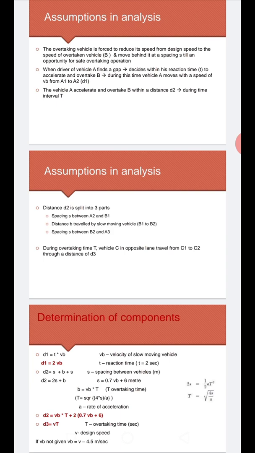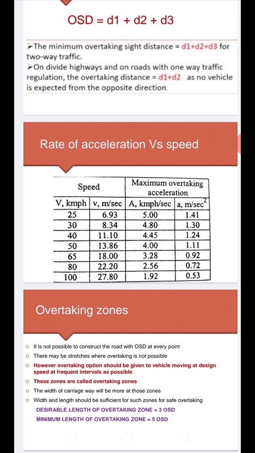If vb is not given, in meters per second, vb is equal to v minus 4.5, and if it is in kmph, the formulas change slightly for capital T, and vb is equal to v minus 16 kmph. So total OSD is d1 plus d2 plus d3 if it is two-way, two-lane traffic. If it is one-way, then d1 plus d2, as we are not considering the oncoming vehicle.